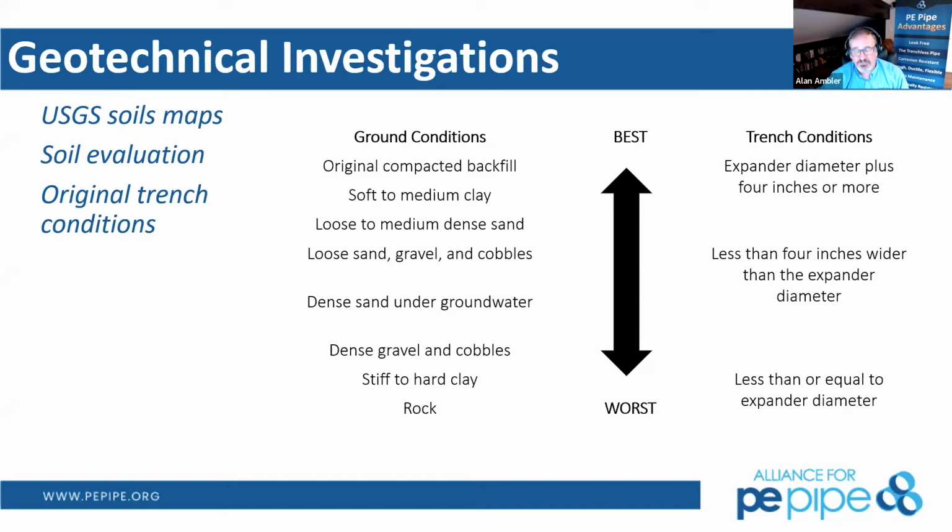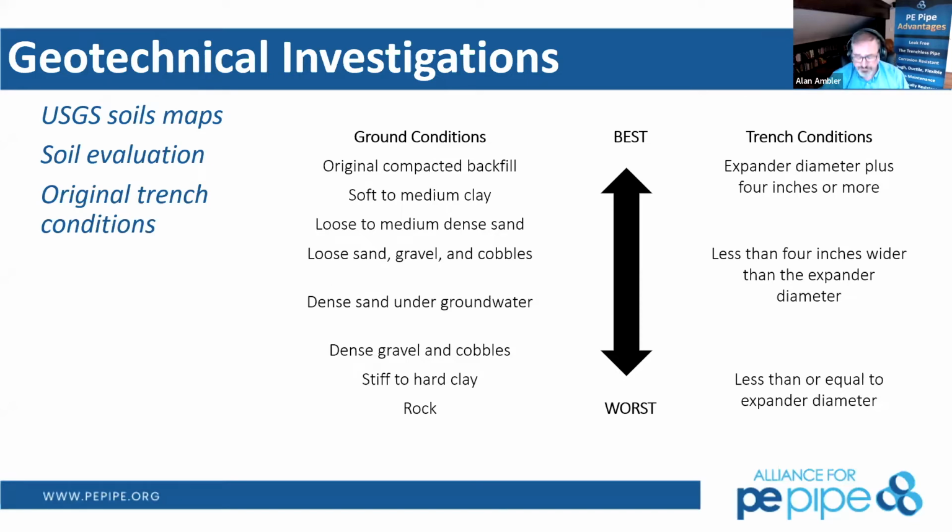If we do have very stiff clays that make it hard for that expander head to be able to push up to create that temporary soil cavity, we may very well have additional forces necessary to be able to push that heavily stiff clay up and out a way to be able to make room for that new pipe.